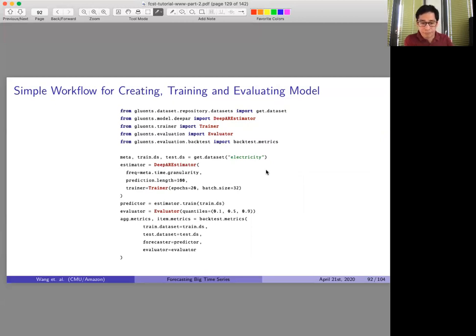You train this estimator, and then define some evaluation metrics, quantiles that are going to be interesting to you. In this case, we chose 0.1, 0.5, 0.9, but you could choose something else here. And then we evaluate this in backtest.